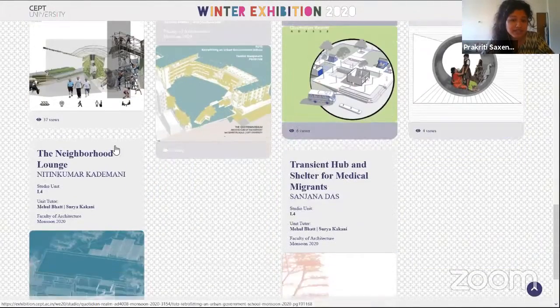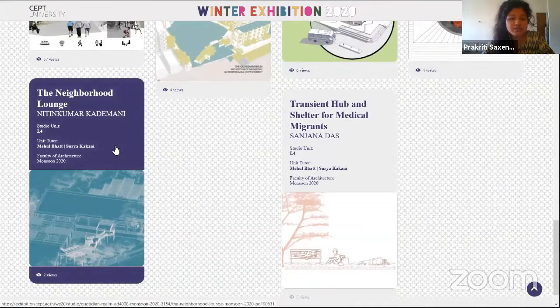The next project is called the Neighborhood Lounge. This was done by Nitin in Bangalore. Basically, Nitin was looking at how public infrastructure can be used by the neighborhood itself. So the project was viewed as an extension of your living room. So his idea was to enliven the space with more neighborhood activities and also cater to all the various sections of society.